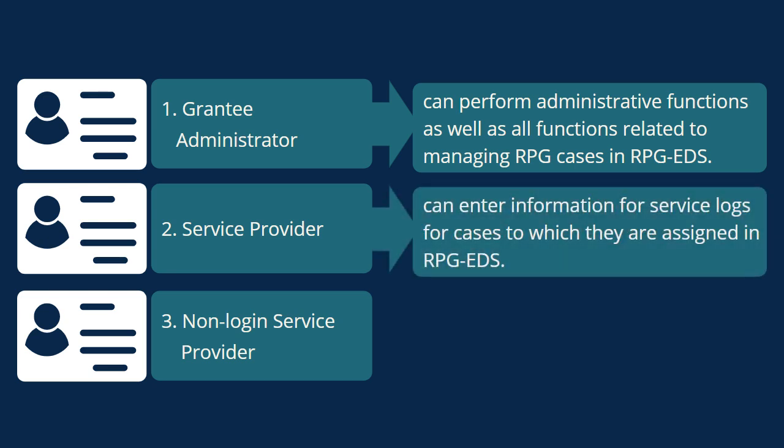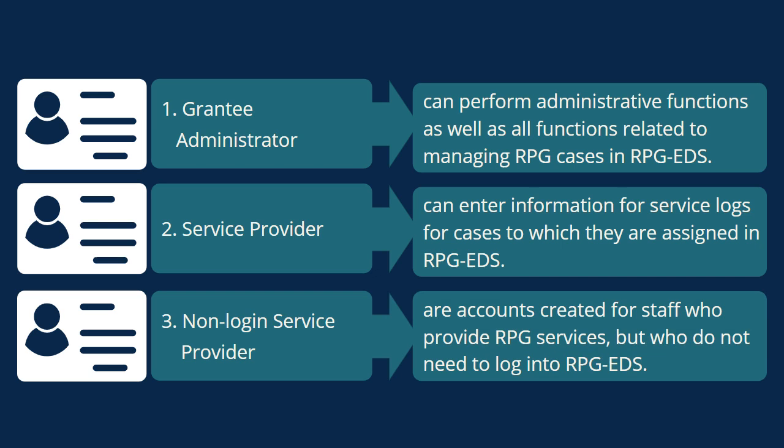Service Provider users can enter information for service logs for cases to which they are assigned in RPG Eds. Non-login service providers are accounts created for staff who provide RPG services but who do not need to log in to RPG Eds. These accounts are needed to link service providers to RPG Eds cases and service logs.